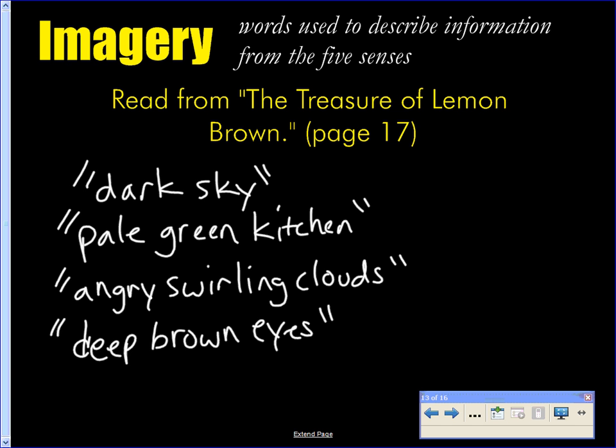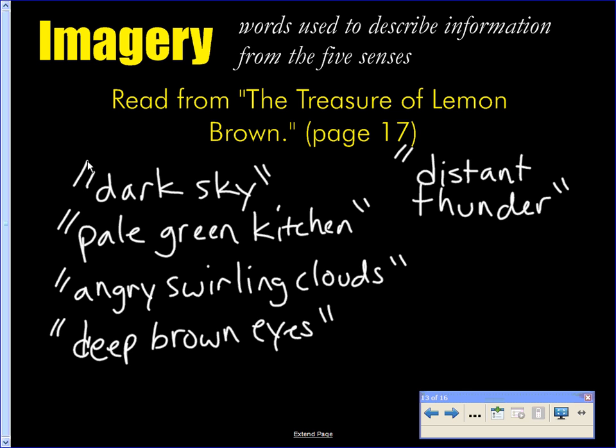Chase. Mr. Thunder, more. Scour the page. Scour means to look through very carefully every nook and cranny, every word. Any language where the author is describing something in the five senses. Go, Miles.